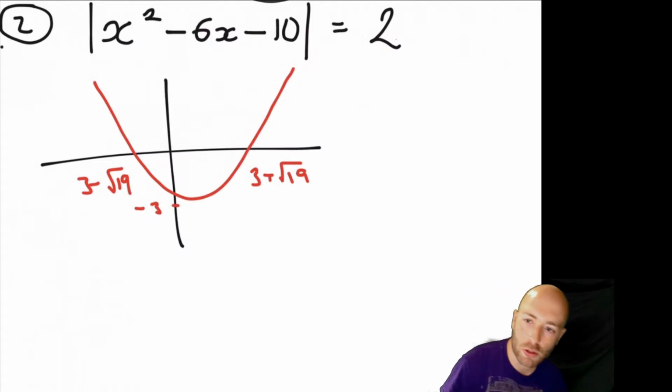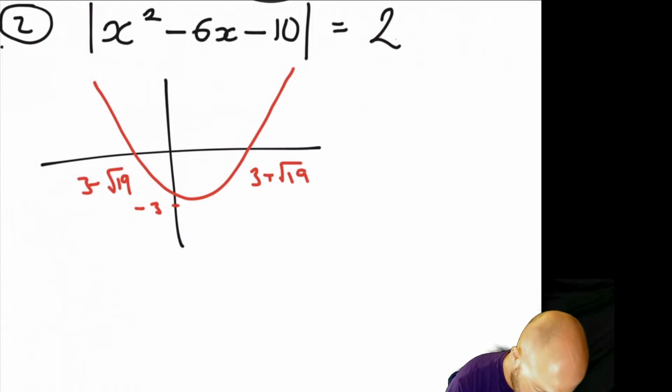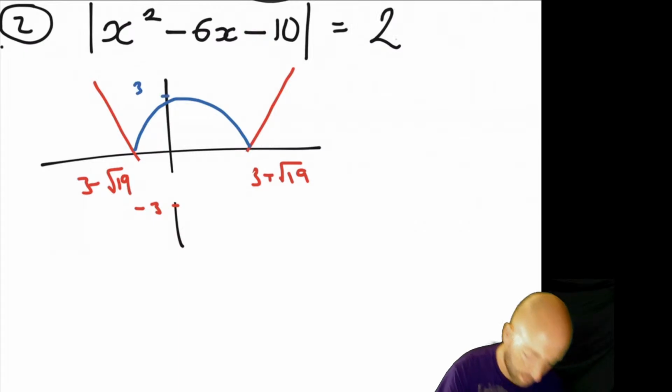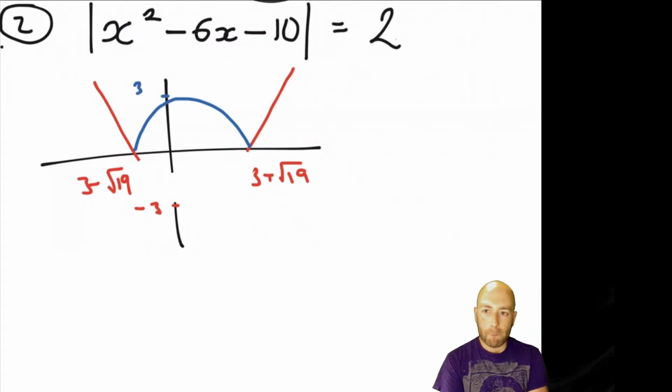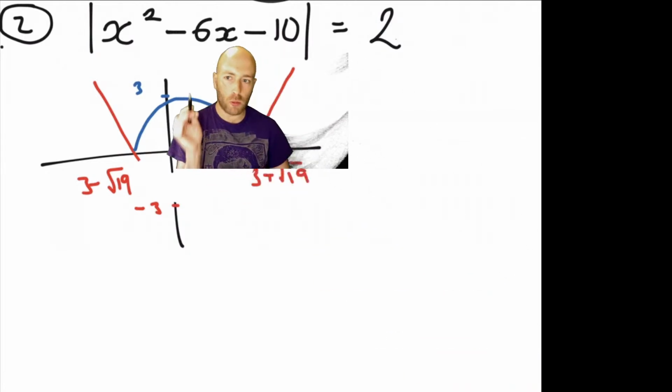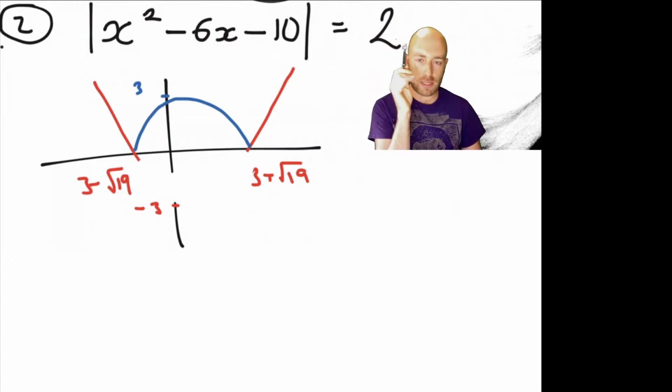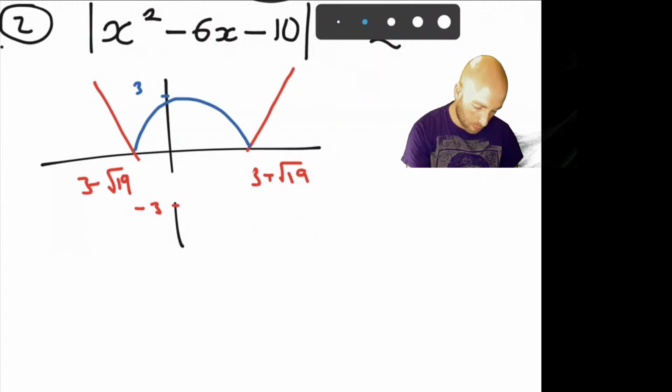Right, so I need to draw the modulus version of this. So I'm going to reflect back up, and that's going to cross at 3. It's really important that you work out where this maximum is, because if we're trying to solve this for equaling 2, let me put 2 in.